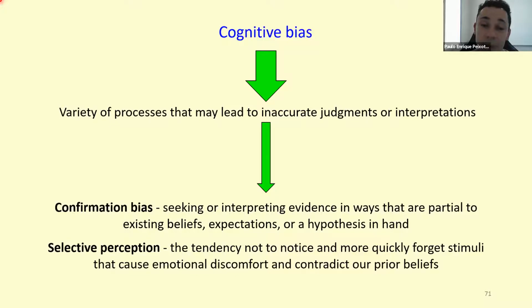So, this is an unconscious process, but you will tend, and every one of us will have the same tendency, to interpret some data in ways that are partial, that tend to corroborate our hypothesis. And again, because data that do not provide support to our hypothesis cause emotional discomfort for us.